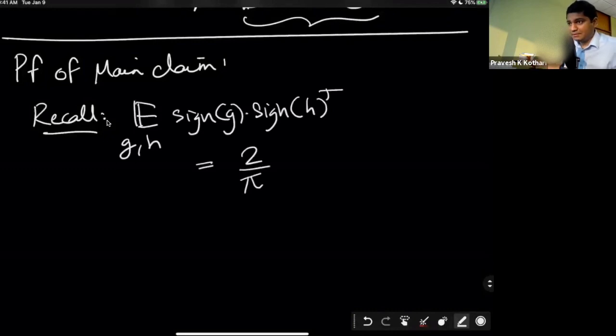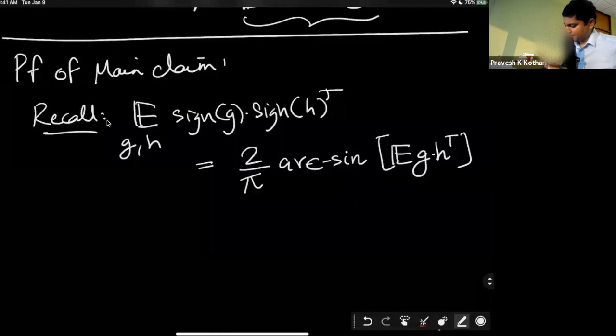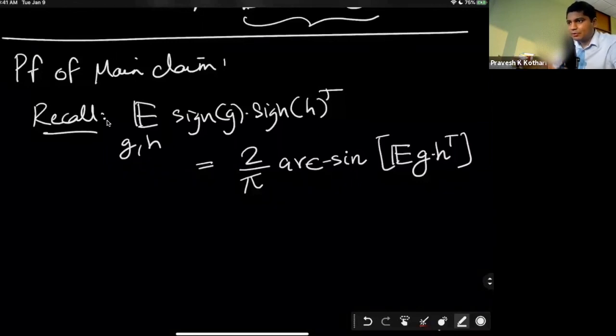We proved in the first part of the lecture that this in fact equals, we stated it there for each entry, but I'm just stating it as the arc sine function applied entry-wise to the matrix E G H transposed.